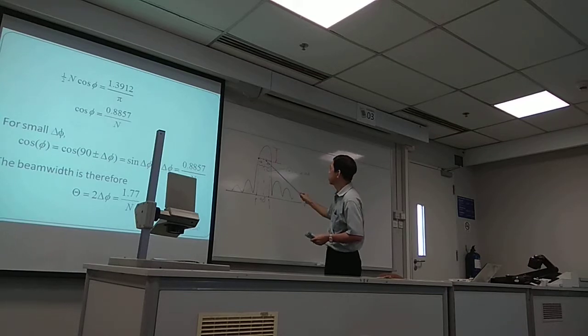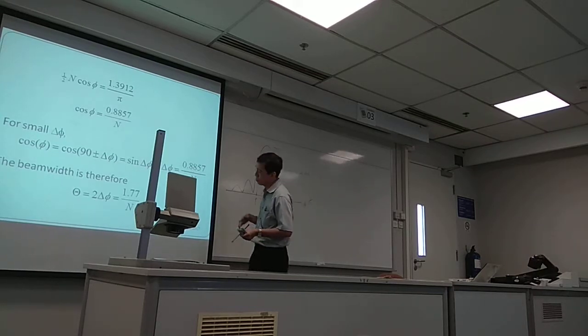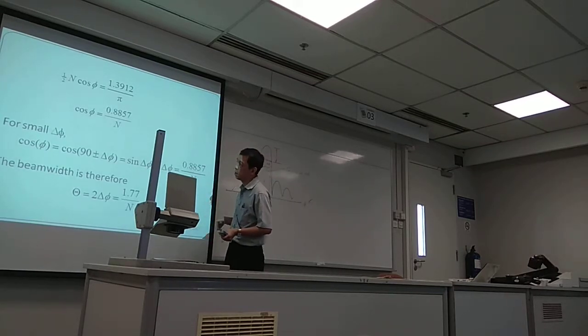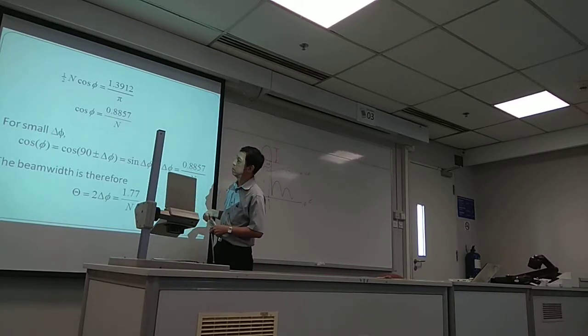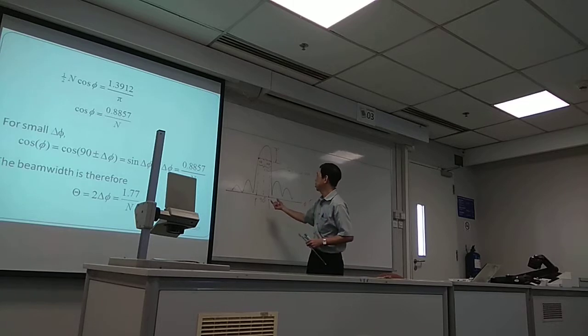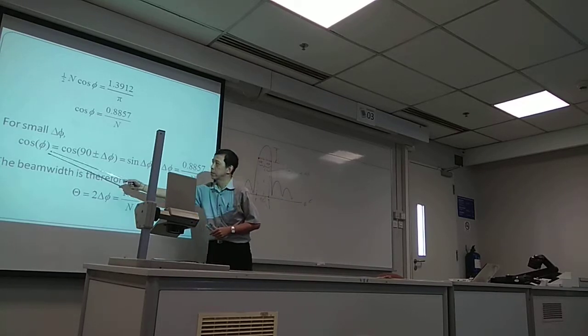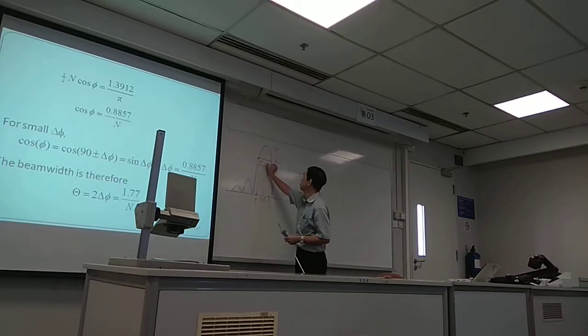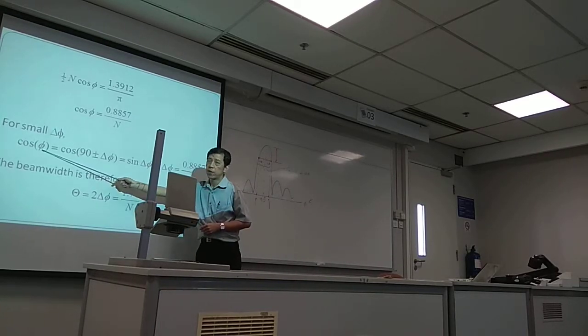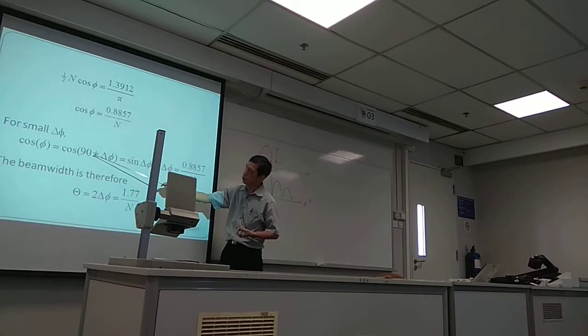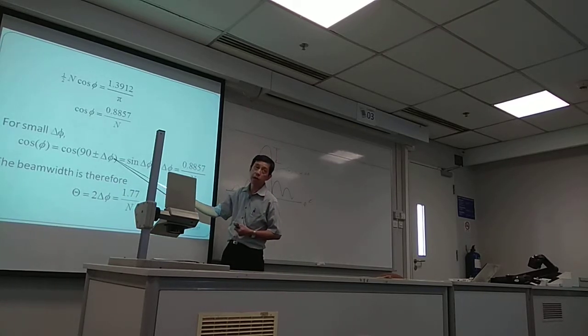Now, to find the cutoff or the 3 dB point or the half power point, one way is, instead of solving for phi directly, what happens if you were to denote the half wave to be delta phi? Then phi here will be either 90 plus delta phi or 90 minus delta phi. See that?